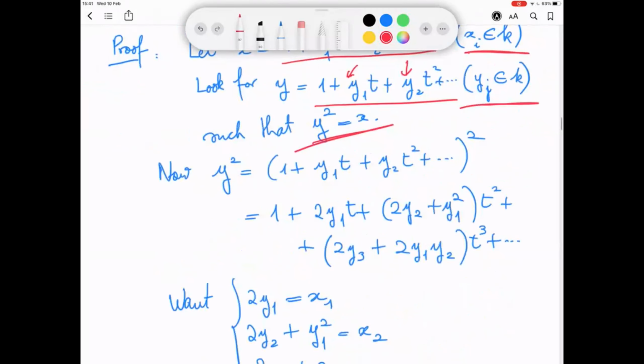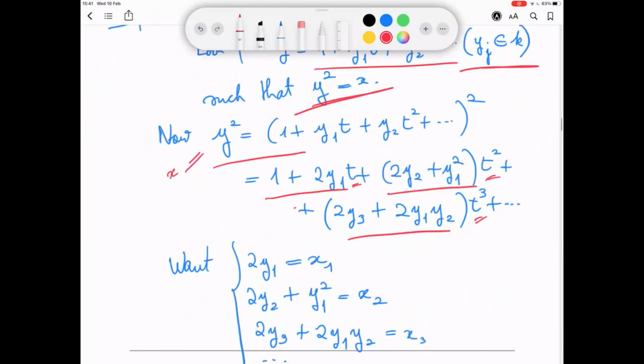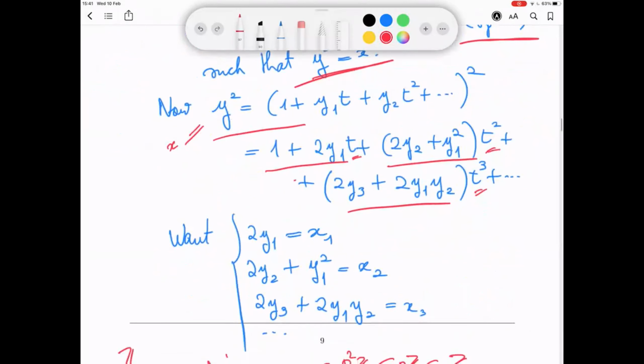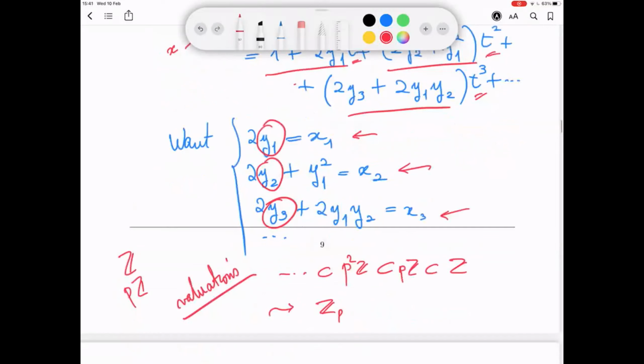So if y is equal to this, then what is y squared? It's given by this. You can expand it. You'll get some coefficients for t, t squared, t cubed, and so on. And you want this y squared to be equal to x, which had some coefficients. So if you compare coefficients, you'll get these equations. And using these equations, you have to be able to solve for y1, y2, y3, etc. And it's clear that you can do it, right?